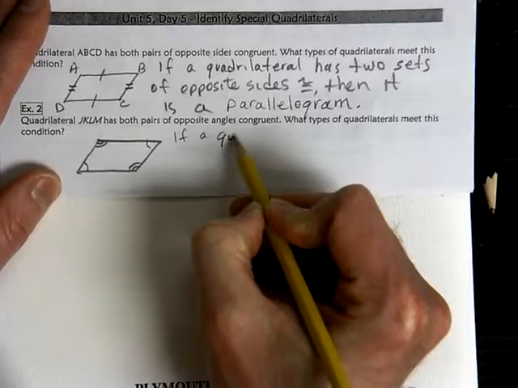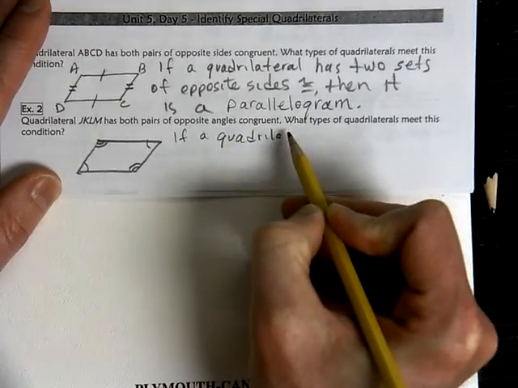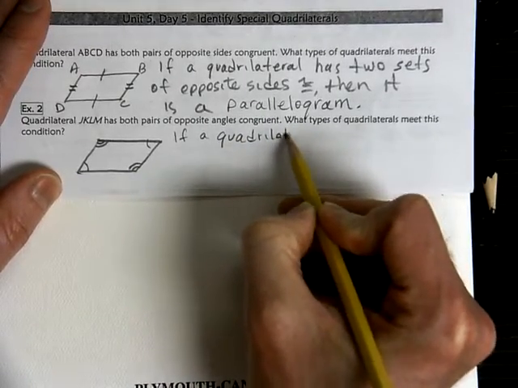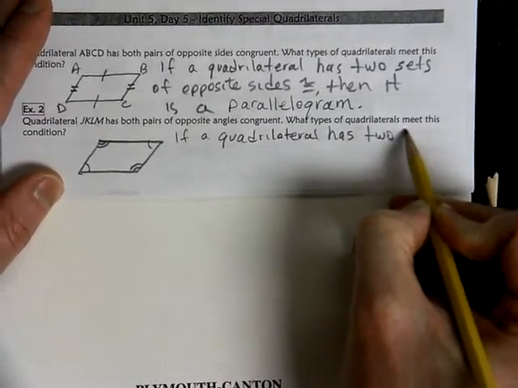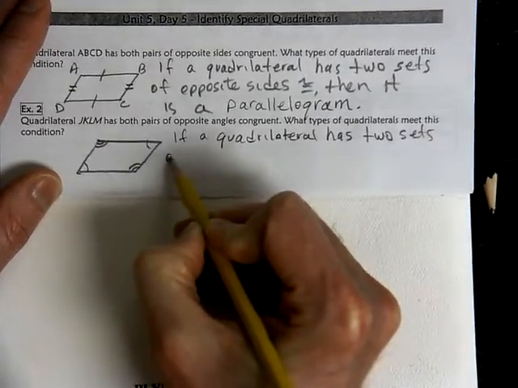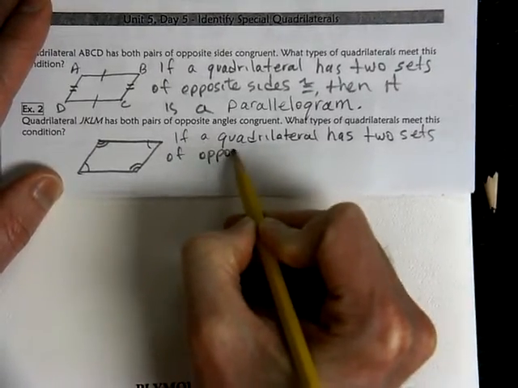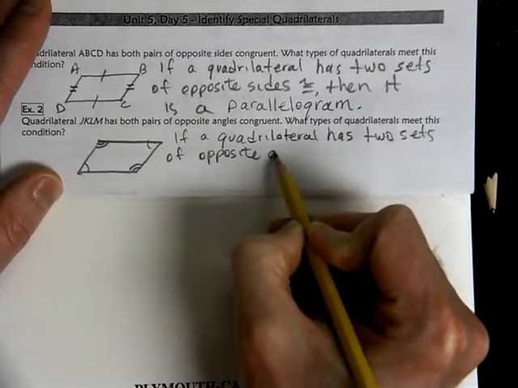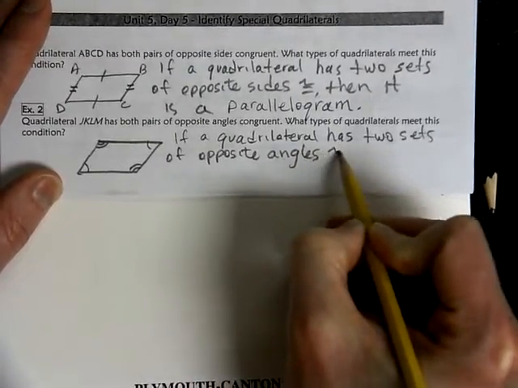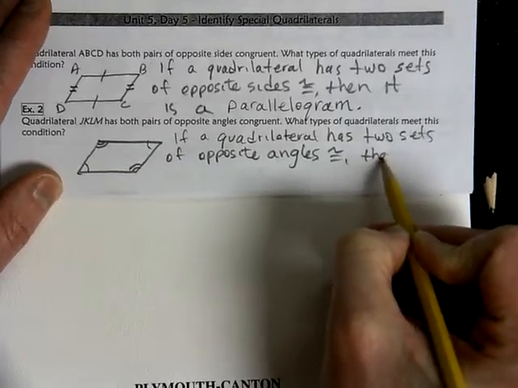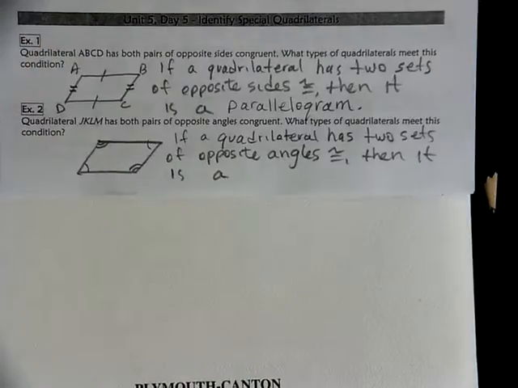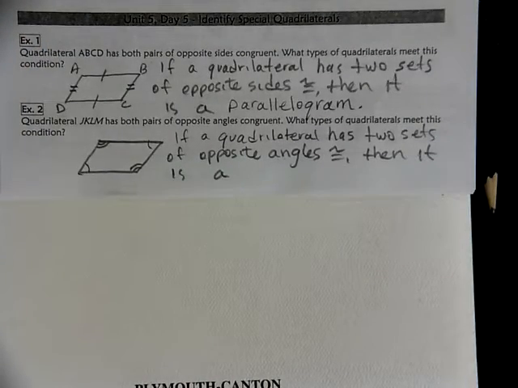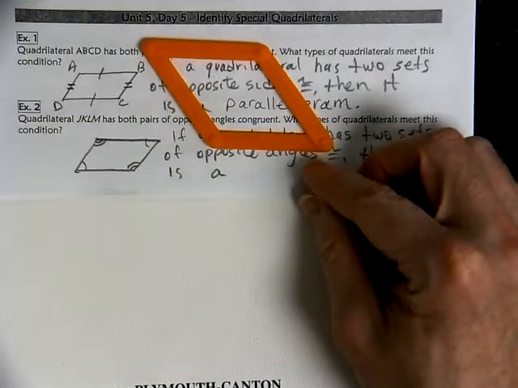We only know about the angles. If a quadrilateral has two sets of opposite angles congruent, then it is a... Rhombus has that property.